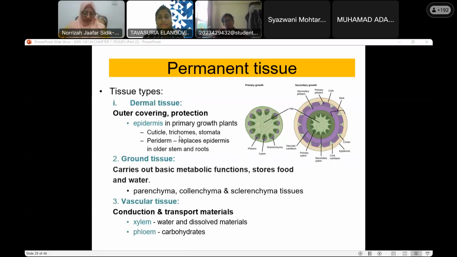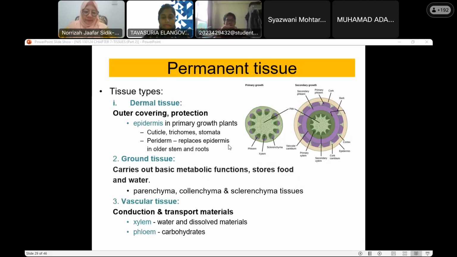Dermal tissue is the outermost layer of cells in plants, and it acts as a protective covering. It protects the plant from external factors such as pathogens, UV radiation, and also water loss.